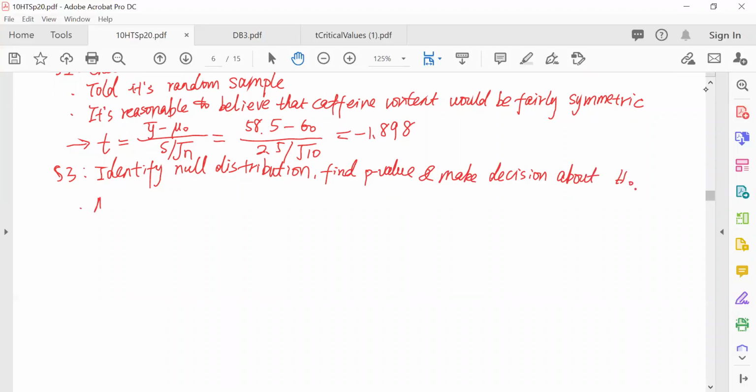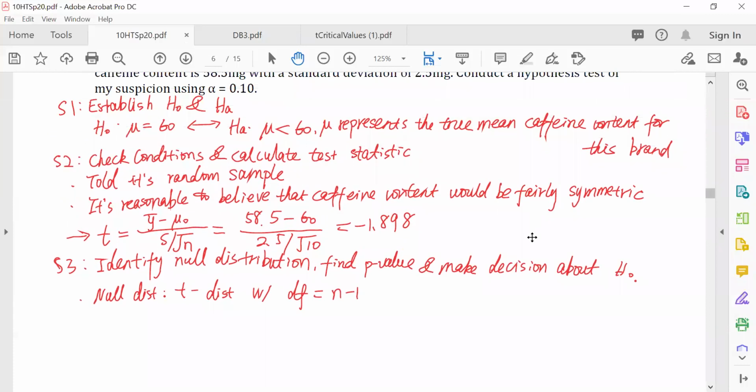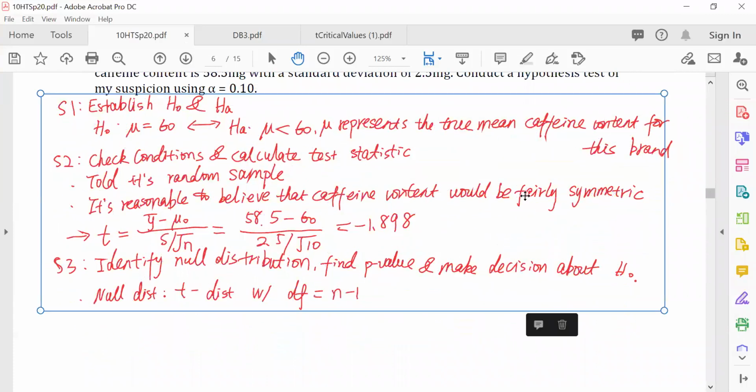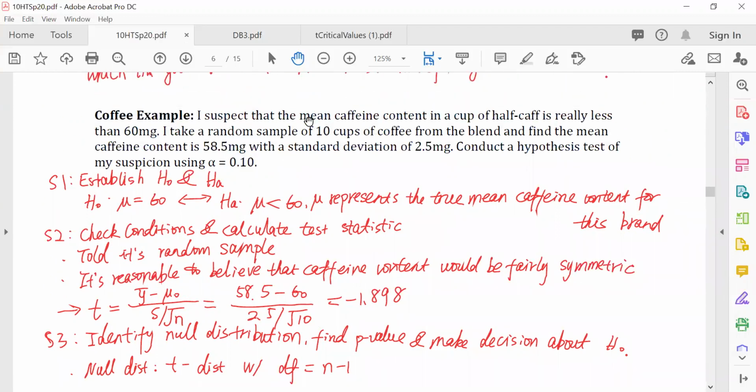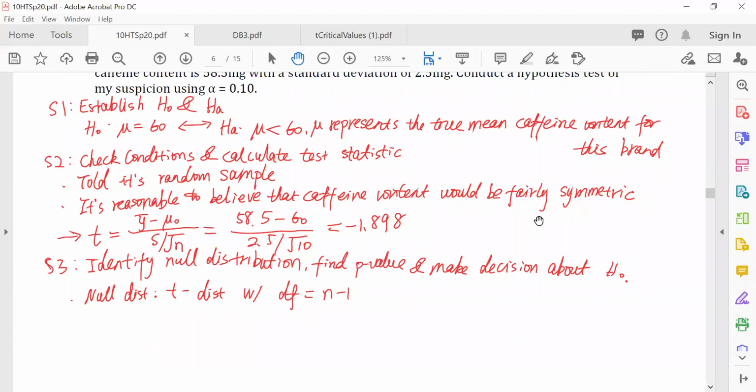So the null distribution is a T distribution with degrees of freedom equal to, remember, the T distribution has degrees of freedom equal to n minus 1. Our sample size n is 10, so this is 9 here.